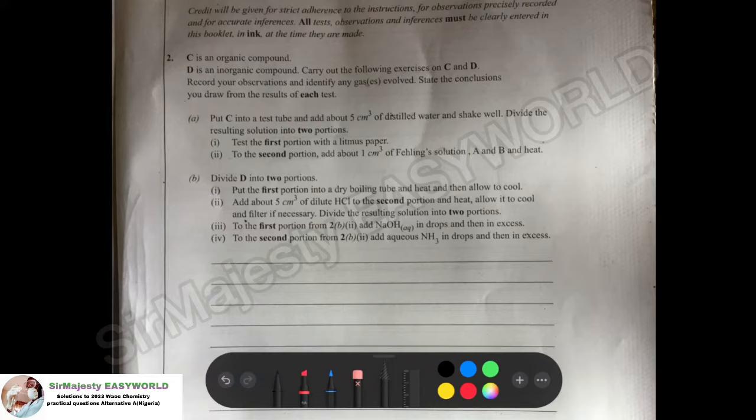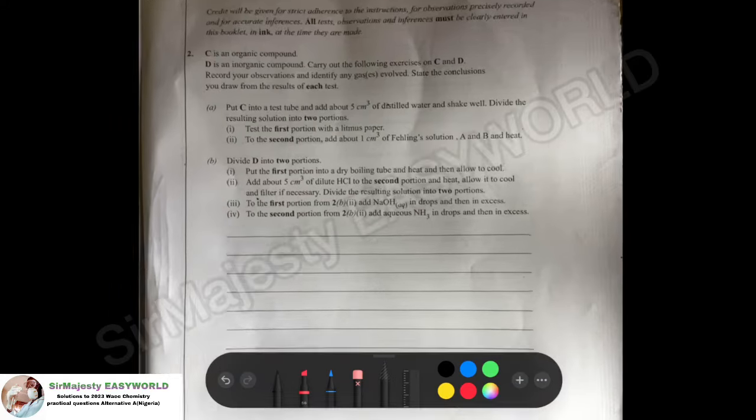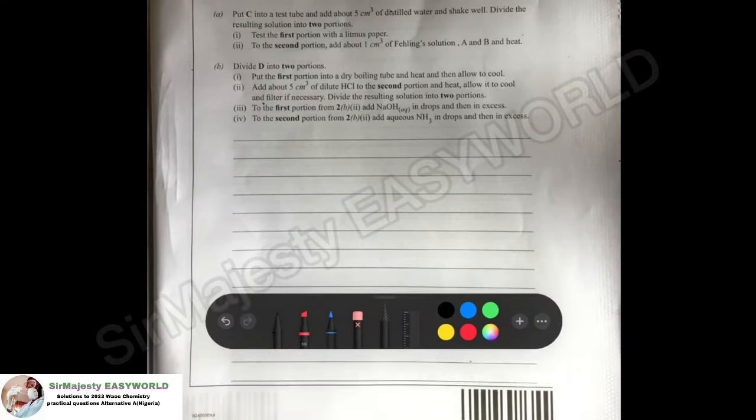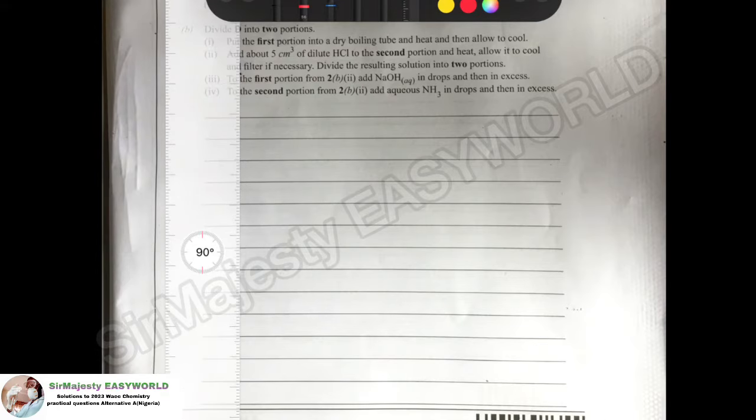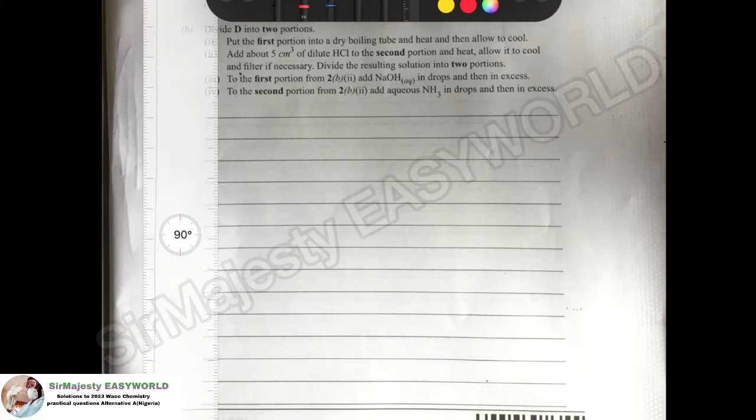So this is how you make your table. Make sure that in reporting, as we make our table as usual, you have to have your test, observation, and inference in that order. So bringing our ruler, we need to make our table to start reporting.